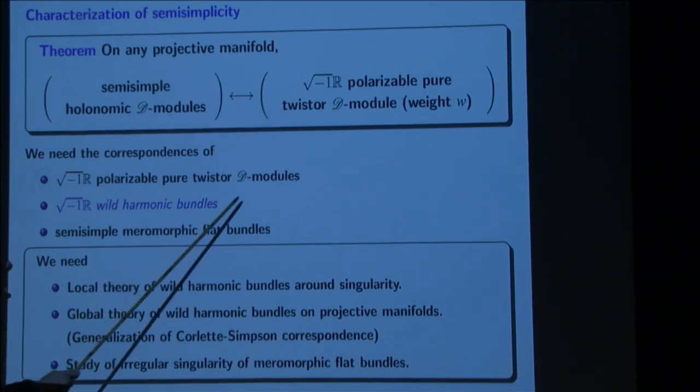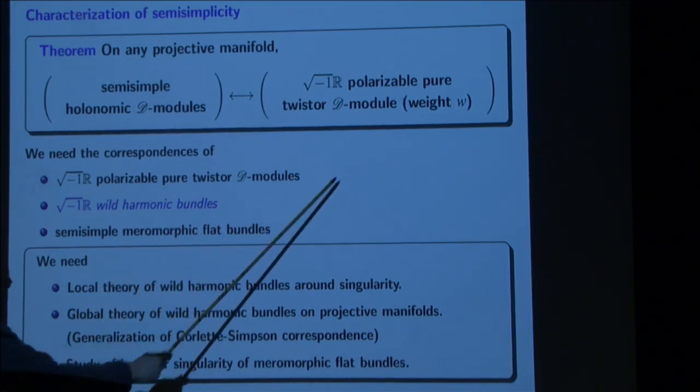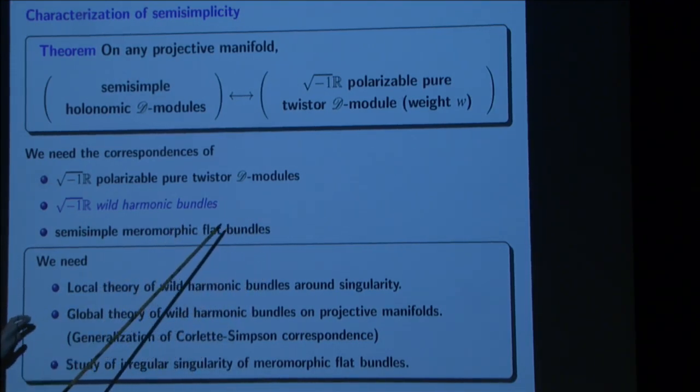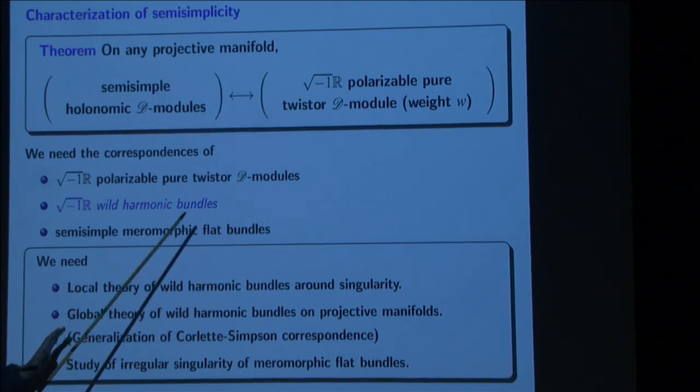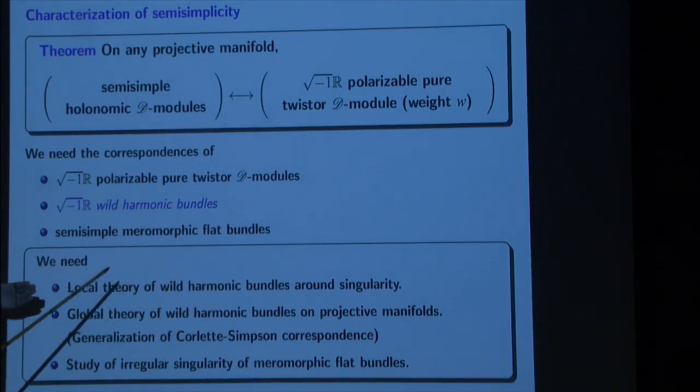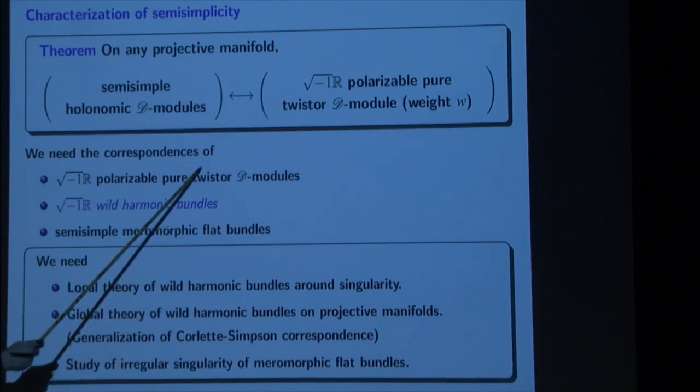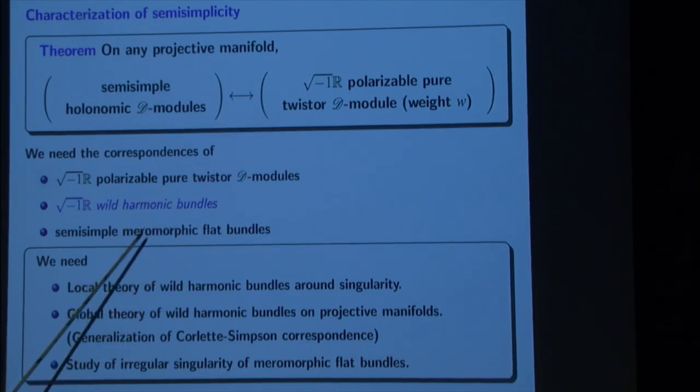Sorry, this correspondence is on what sort of manifold? Sorry, this is given on a projective manifold, or algebraic manifold. I mean, we have to impose algebraicity for this type of characterization of semi-simplicity. But there are singularities. It's not a local system. It can be like the direct image of a local system.